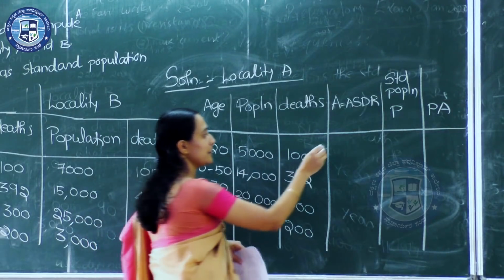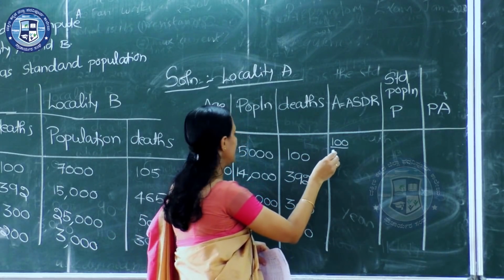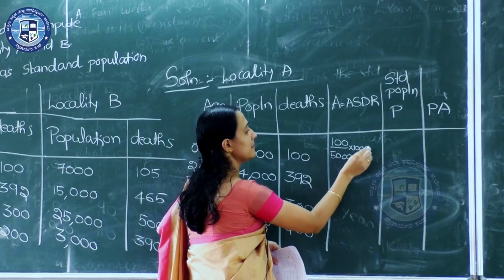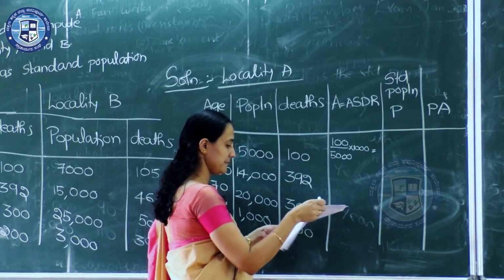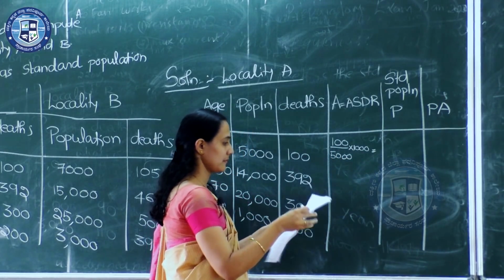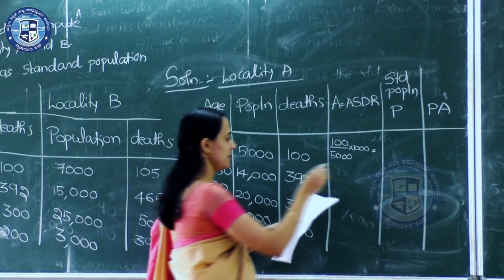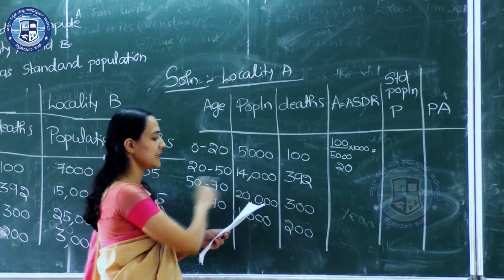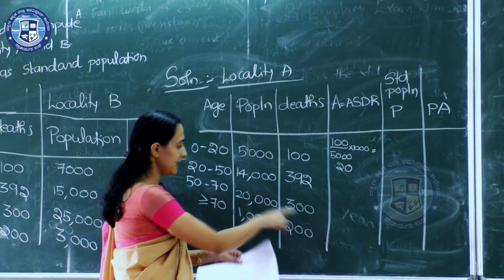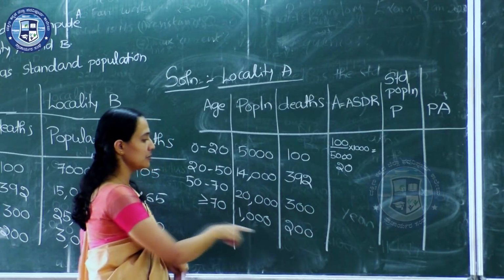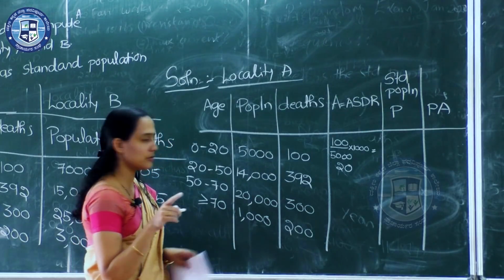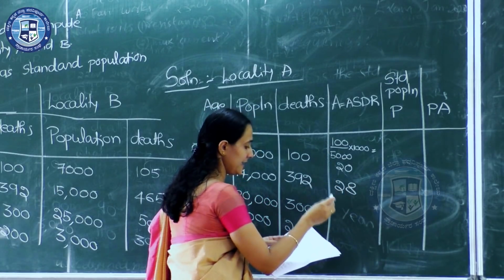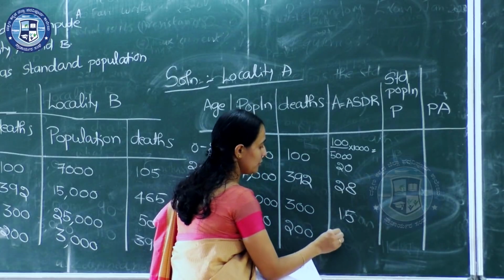The first one, 100 divided by 5000 into 1000, answer is 20. Second one, 392 divided by 14,000 into 1000. 300 divided by 20,000 into 1000. 200 divided by 1000 into 1000. Answers I will write: 20, next 28, 15, 200.